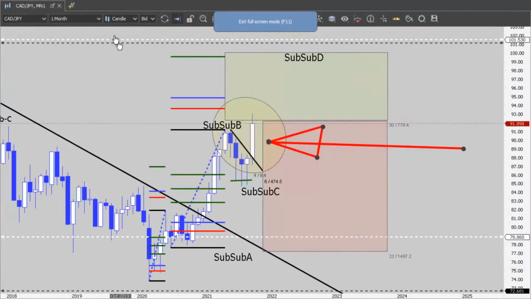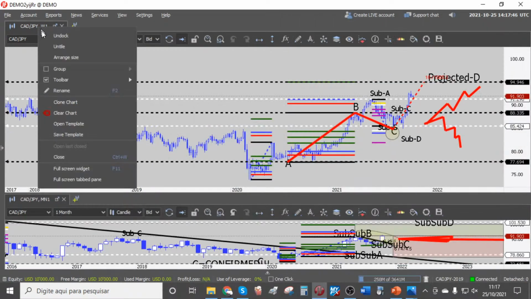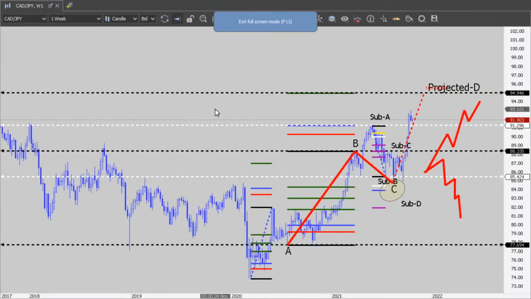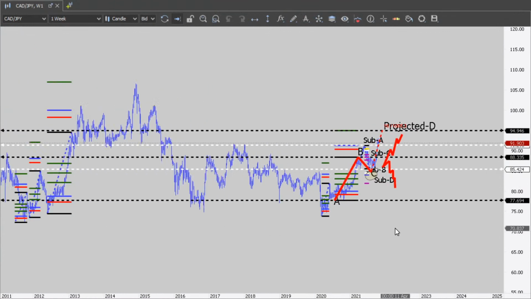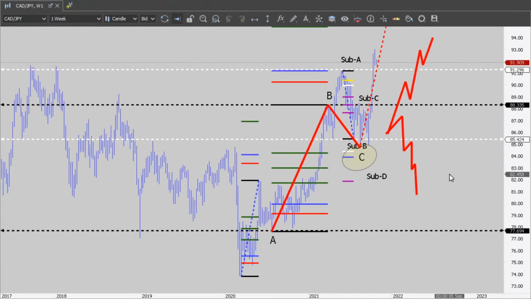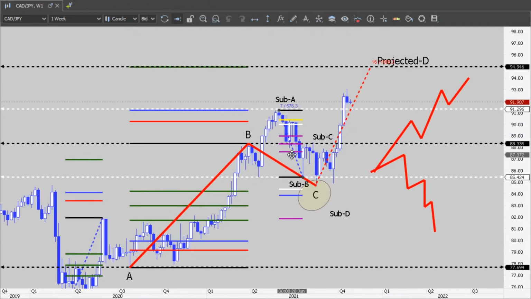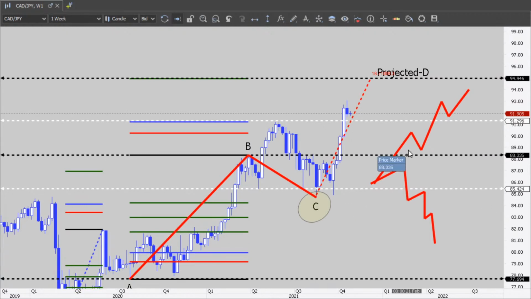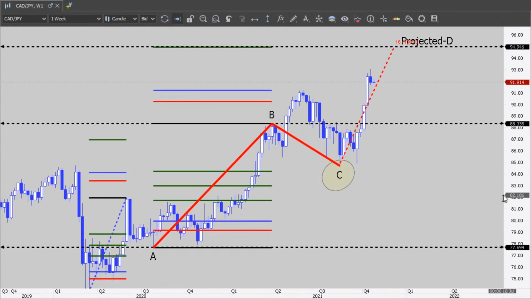Now, let's do the same thing on the weekly. This is the monthly, exit full screen, click, there you go. From the weekly chart, we have our B, well, the sub is not ready yet, projected the extension, sub A, sub B, sub C, sub D. Let's clean the chart.